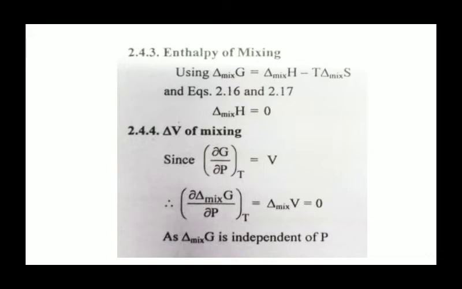Delta V of mixing is given as dou G upon dou P at constant temperature is equal to V. Therefore, dou delta G upon dou P at constant temperature is equal to delta V mixing, and this is equal to 0 as delta G is independent of P.